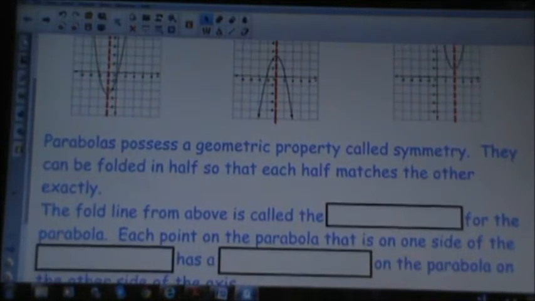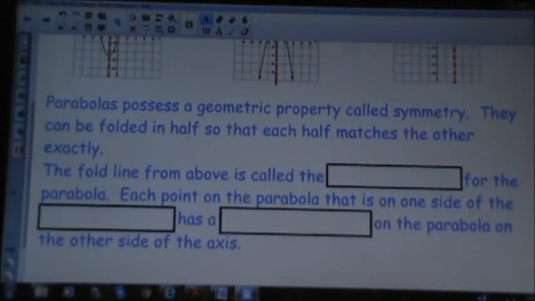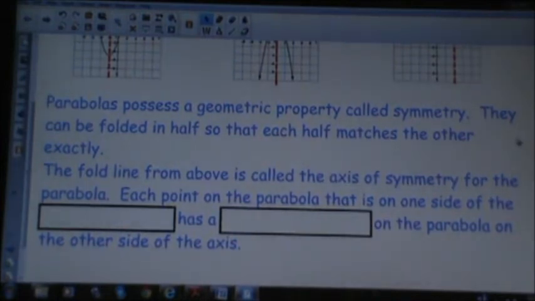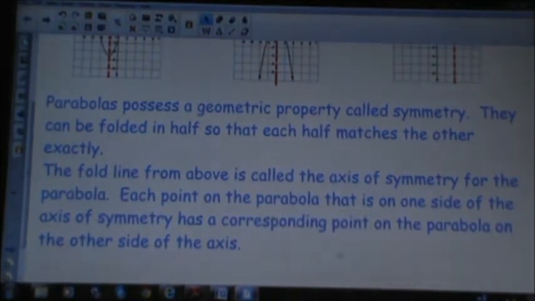So the fold line, this red line up here that I just showed you, is called the axis of symmetry for the parabola. Each point on the parabola that is on one side of the axis of symmetry has a corresponding point on the parabola on the other side of the axis.